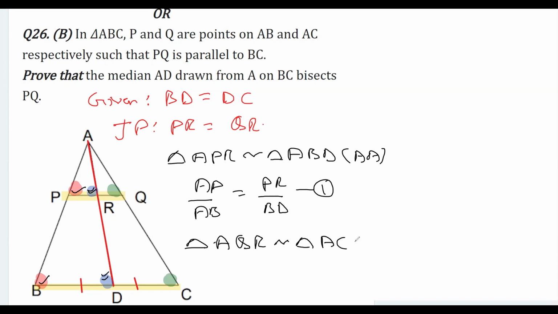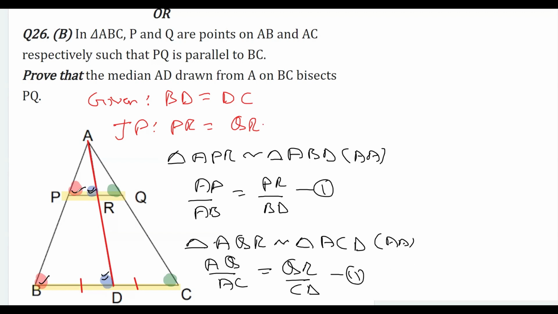And the property will be the same, that is from AA similarity. Therefore, I can again write their corresponding sides. Let's say AQ, being the first two letters, corresponds to AC. And here I'll be writing QR, which corresponds to CD. And same, I mark it equation 2.